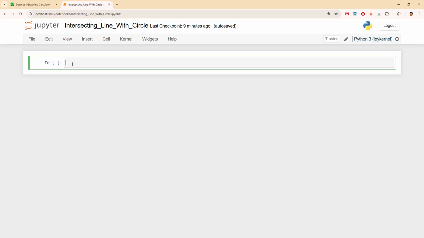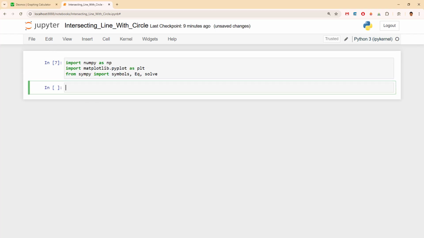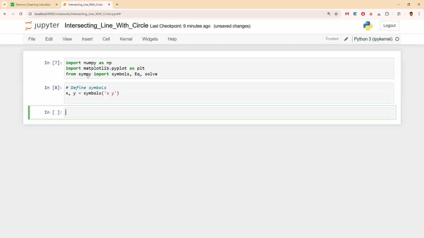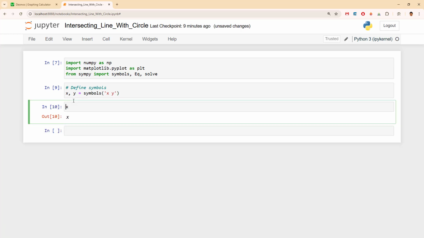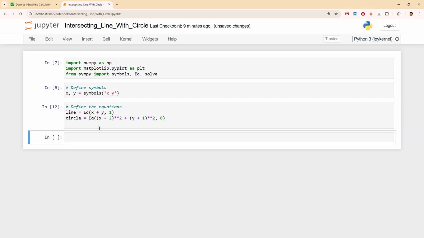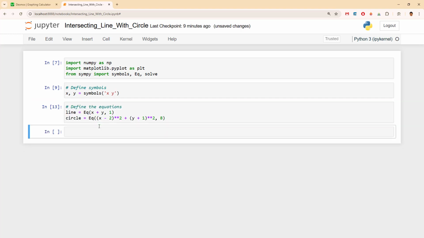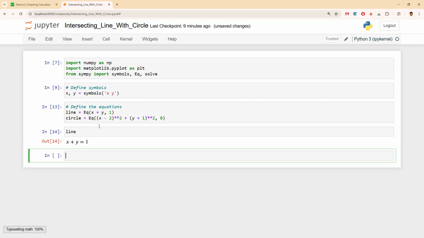Let's solve this one with Python. So we take some imports, and first we define the symbols. When we write X, we get this fancy thing, and when we write Y, we get this one. Next thing is to define the equations. Let's take a look. What do we get?